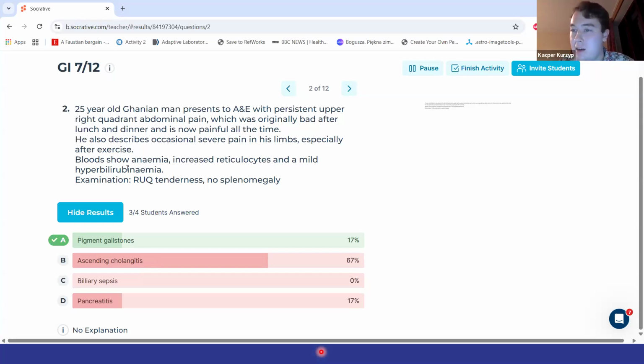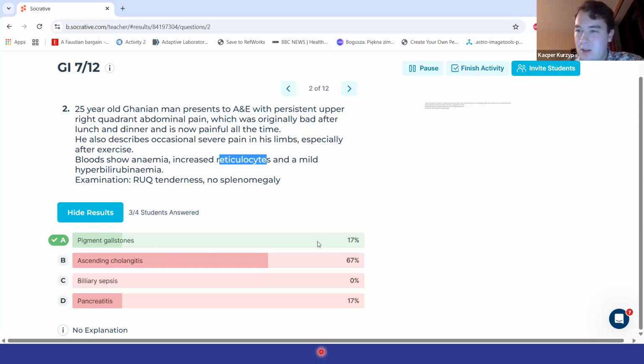Now, this question is again a bit cheeky, but what gives it away is there are a few things which are not exactly explained in this question. So you have occasional severe pain in his limbs, especially after exercise, which makes you think, that doesn't really fit. And then there is anemia, increased reticulocytes. There are a few different causes of anemia, but you are starting to think maybe hemolysis.